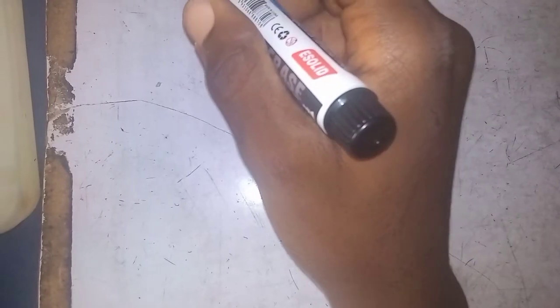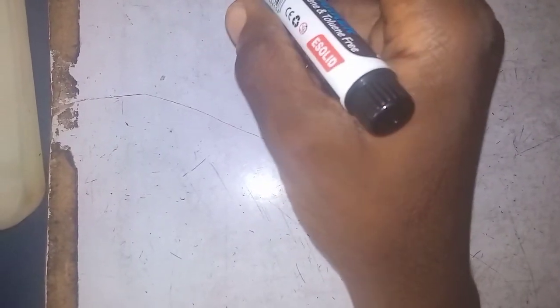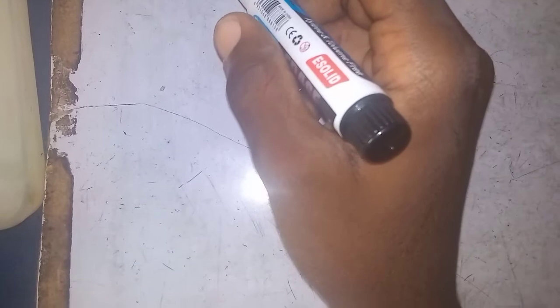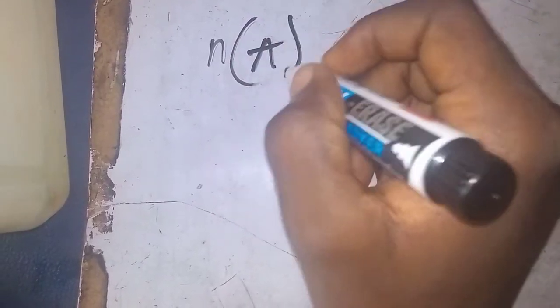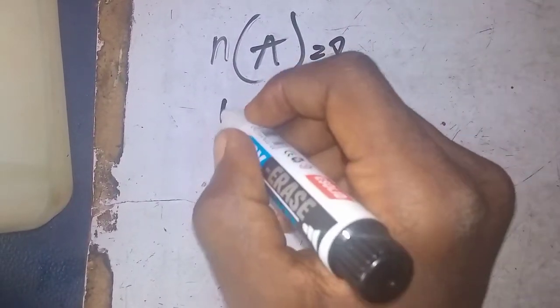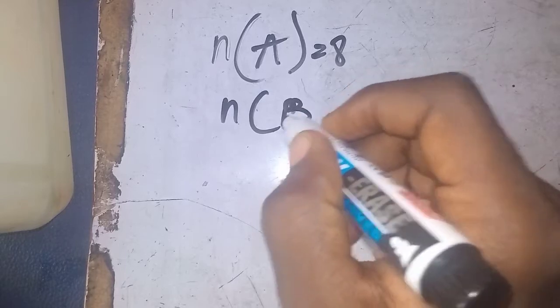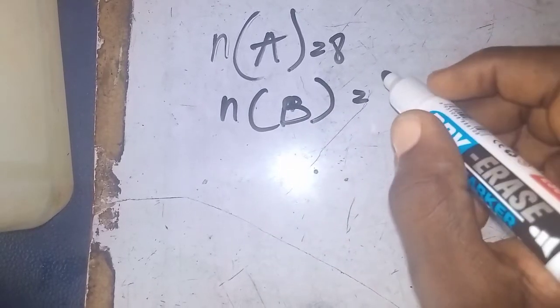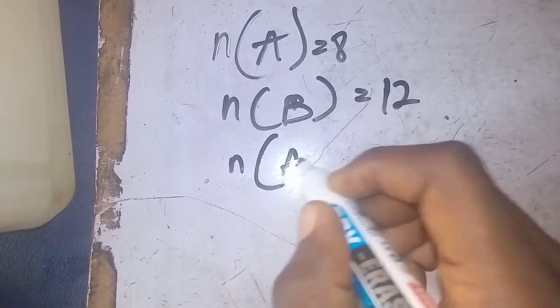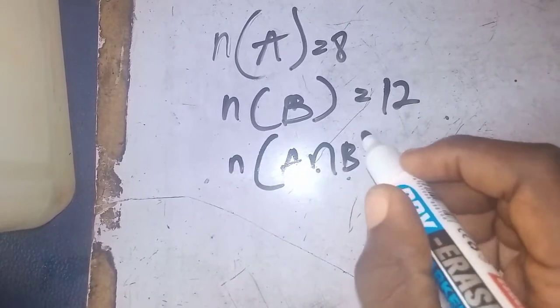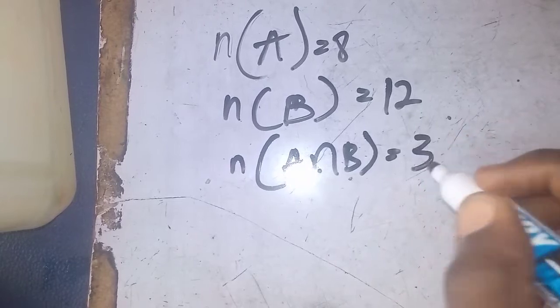So if we continue again now, they said given that A and B are sets such that set A is 8, set B is 12. Now set A intersect B gives us 3.